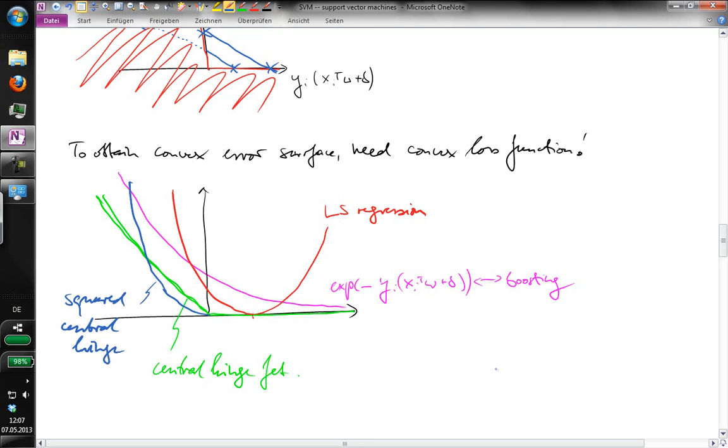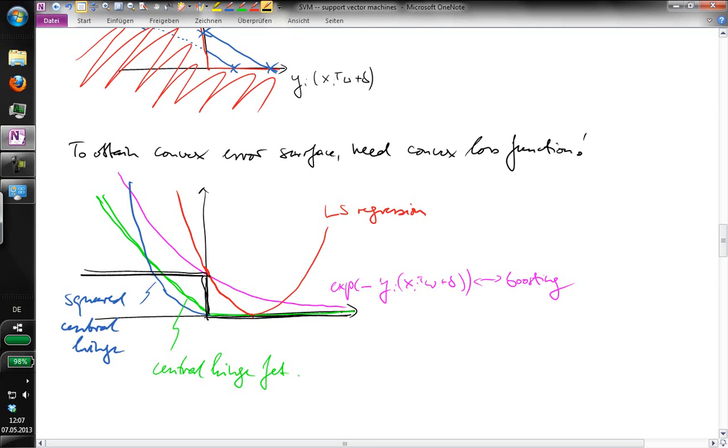And as a reminder, what we really want to approximate is the misclassification error. So if I drew the parabola correctly, it would intersect here at the same point. Anyway, the misclassification error looks like this. And now each of these loss functions has its advantages and disadvantages.